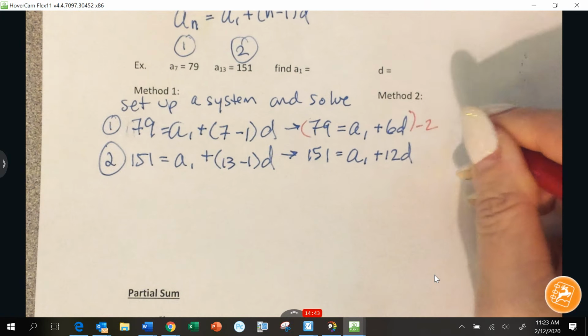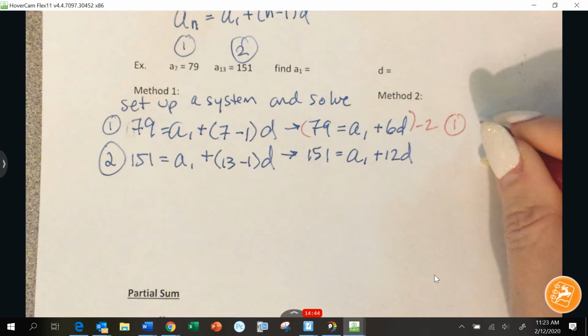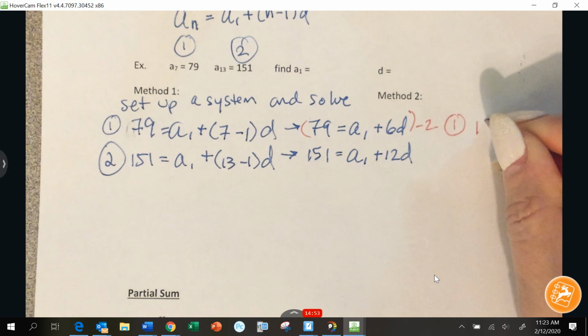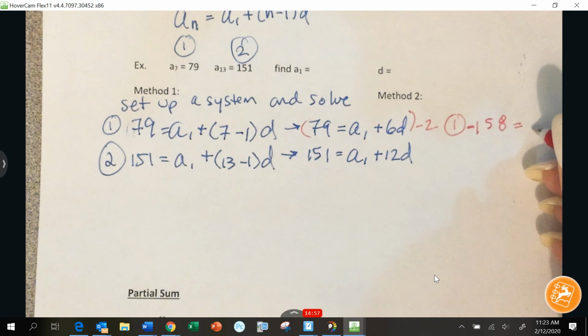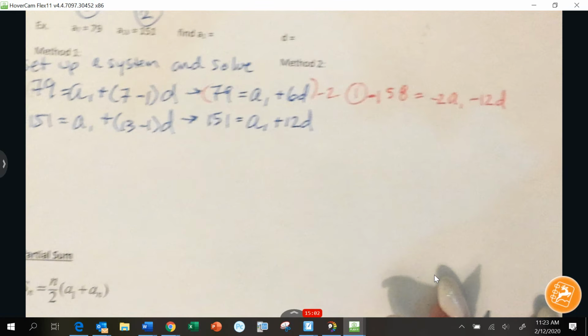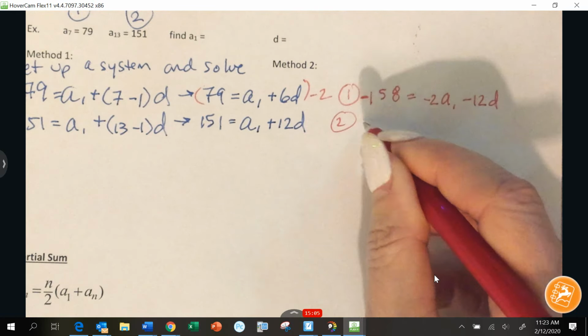I just listened to whatever idea you guys had. All right. 80 times 2 is 160, so 79 times 2 is 158, negative, right? And then the second equation we keep the same.